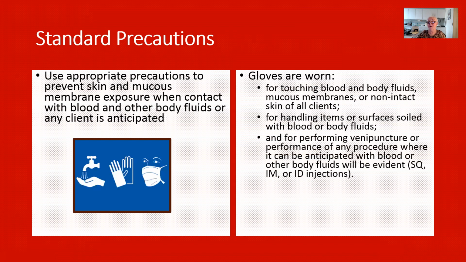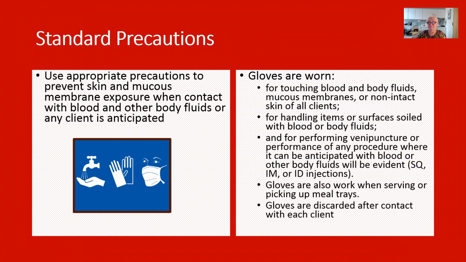And for performing venipuncture or any procedure where contact with blood or other body fluids can be anticipated, such as giving injections, your SQ, IM, or ID injections. Gloves are also worn when serving or picking up meal trays. And then gloves are discarded after contact with each client, and then we wash our hands.